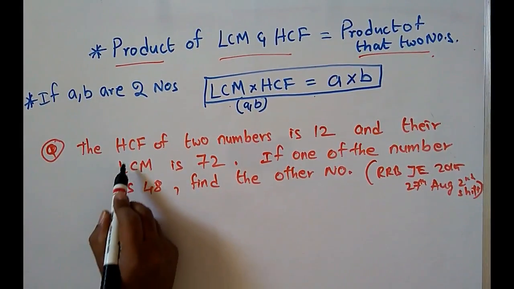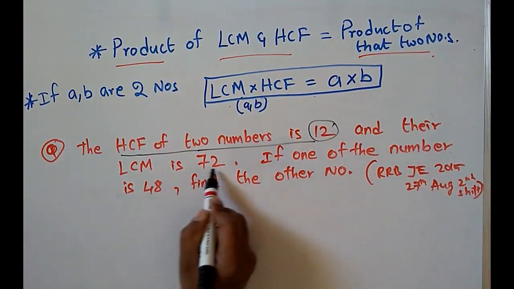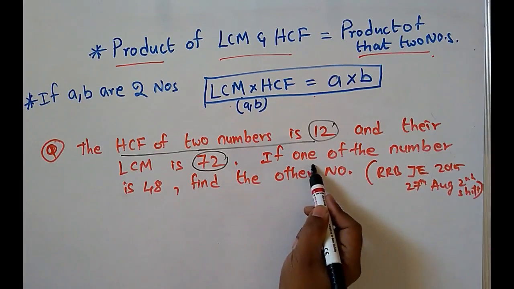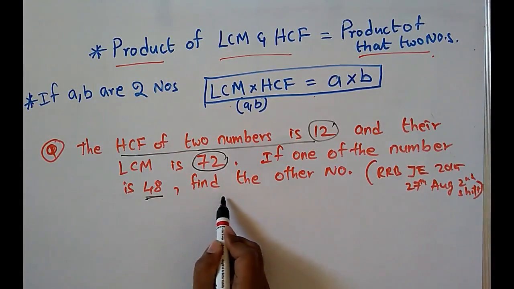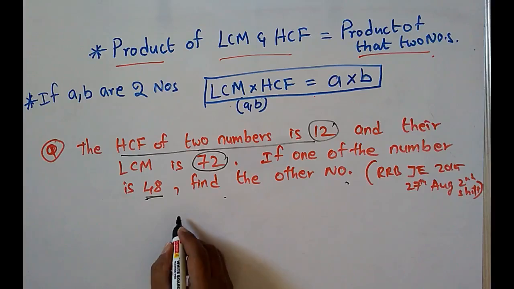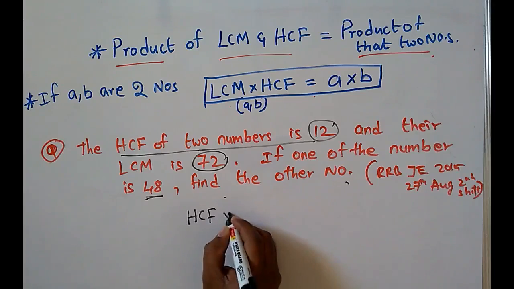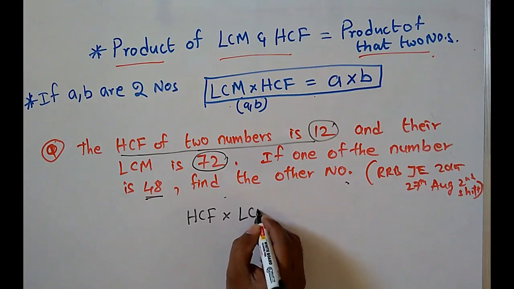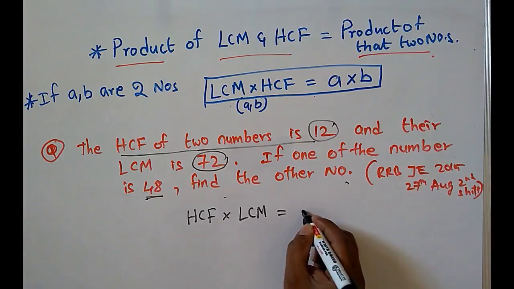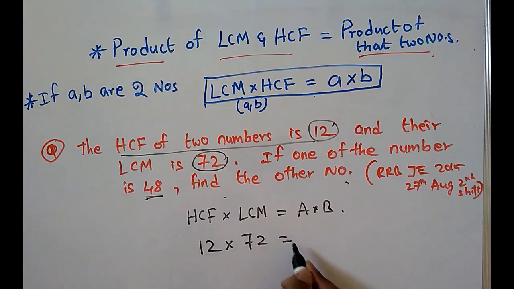See friends, the HCF of two numbers is 12 and their LCM is 72. If one of the numbers is 48, find the other number, which was given in the 27th August RRB JE paper. We know that HCF into LCM or LCM into HCF is equal to the product of the two numbers A and B. Here the HCF is given as 12 and LCM is 72.